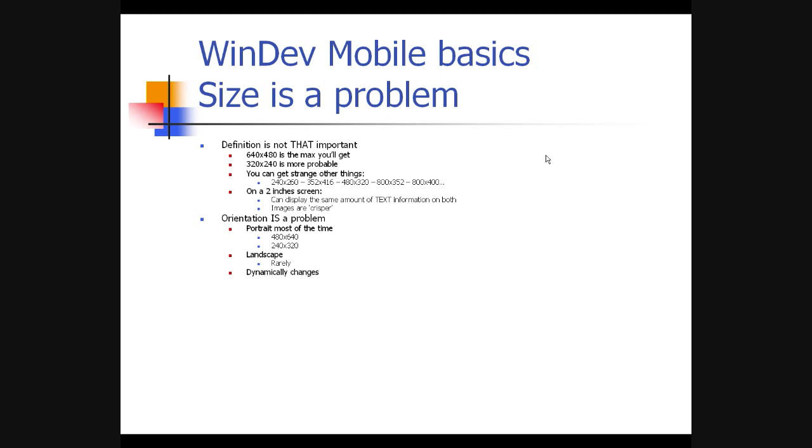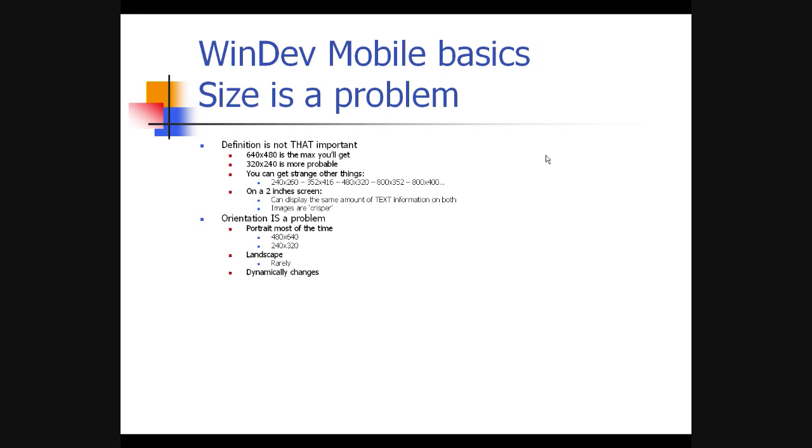But the main problem is that on many devices the orientation can dynamically change. The device I'm using has a setup. You just go in the window and you say, okay, now I want it in portrait, and everything goes in portrait. So if you designed your window for 320 height and 240 width, and suddenly the user chooses to change, your window doesn't fit the screen anymore.